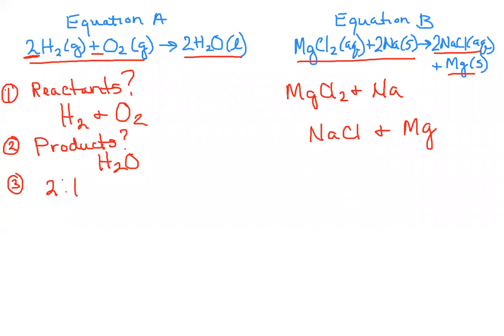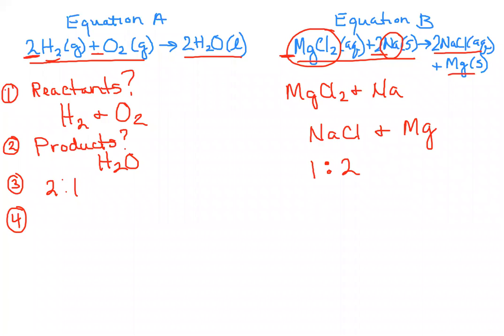That means we need 2 hydrogen units for every 1 oxygen unit. Over here in equation B, we've got a coefficient of 1 and 2. So our ratio is 1 to 2. We need 1 unit of magnesium chloride for every 2 units of sodium. That's what that's telling us.